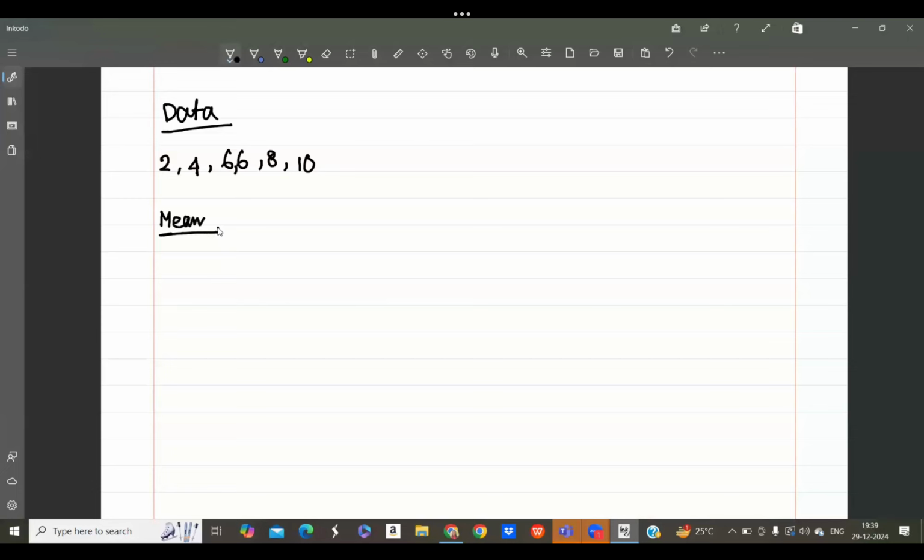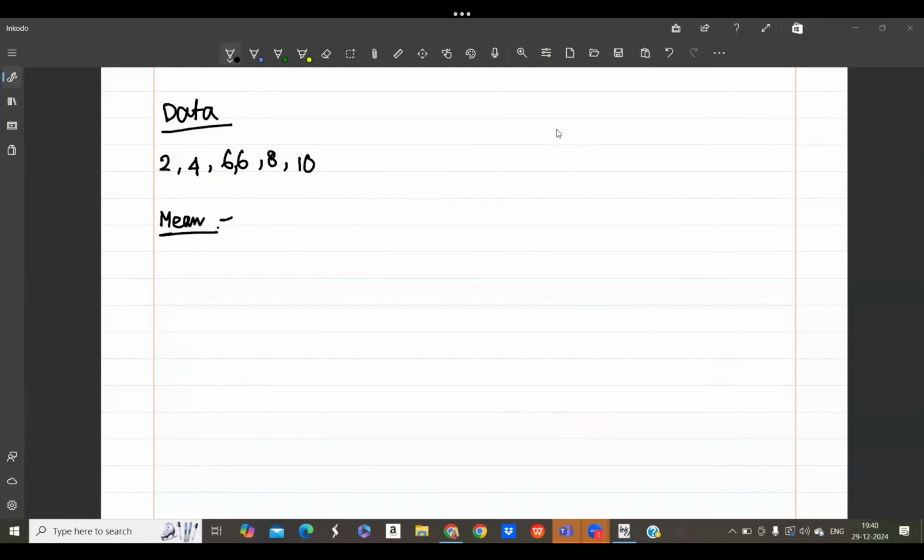Now, how to calculate mean? I got a lot of yes. So, can anyone tell me how to calculate mean? Sum of all value divided by number of values. Good. So, what we need to do? Sum of all data points, meaning 2 plus 4 plus 6 plus 6 plus 8 plus 10.